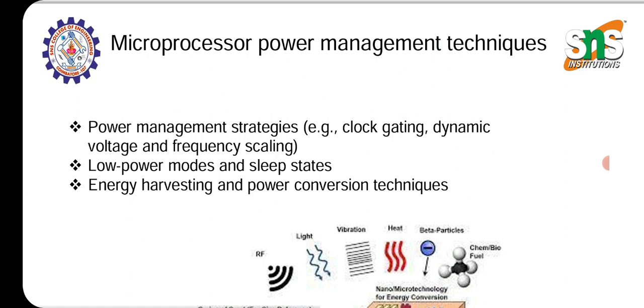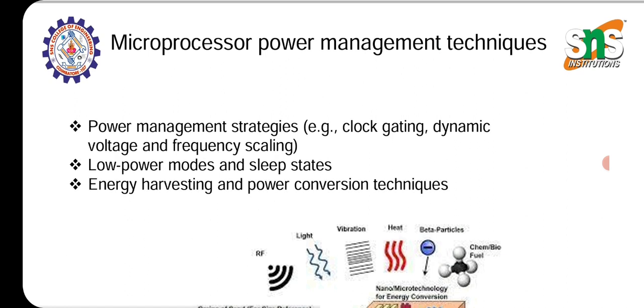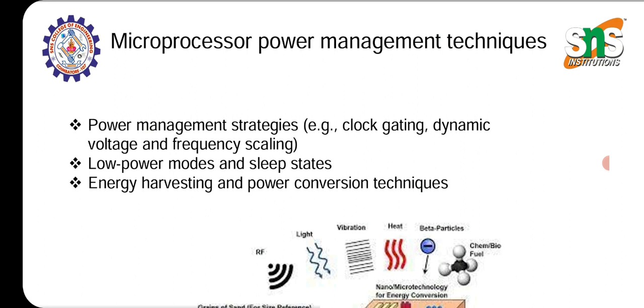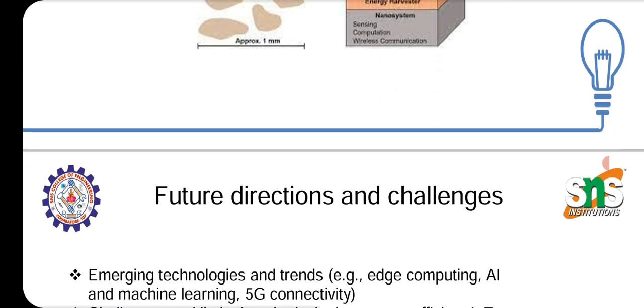These are just a few examples of the power management techniques that can be used to reduce the power consumption of a microprocessor. By using a combination of these techniques, it is possible to significantly reduce the power consumption of a microprocessor without affecting its performance.